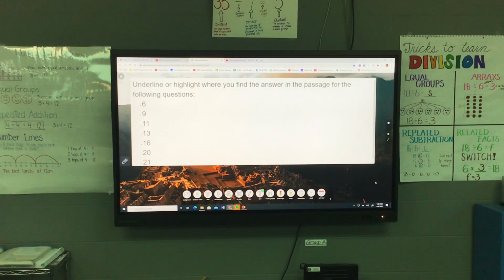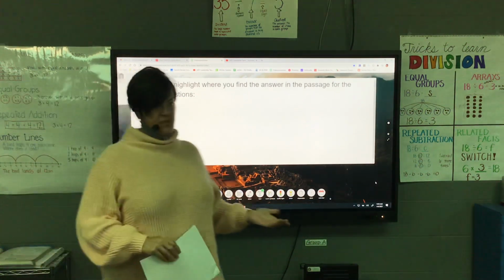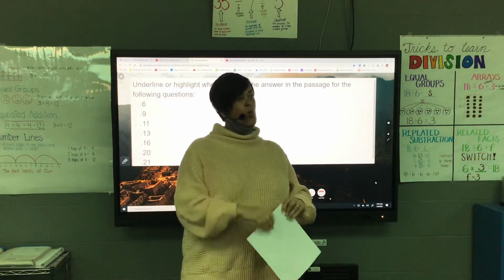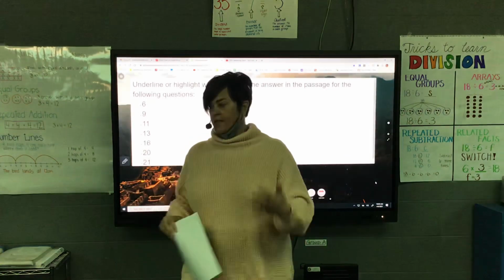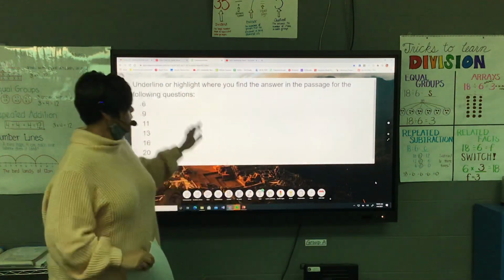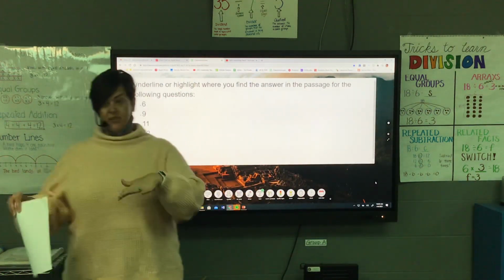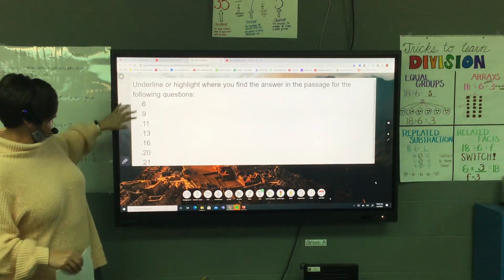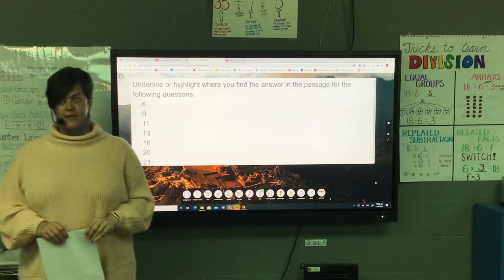Remember how we've talked about using text evidence to help us answer questions? Using that text evidence, that's what you're highlighting or underlining. It doesn't matter which one you do. Where you find the answer for these 7. 2, 4, 6, 7. Yes, 7.